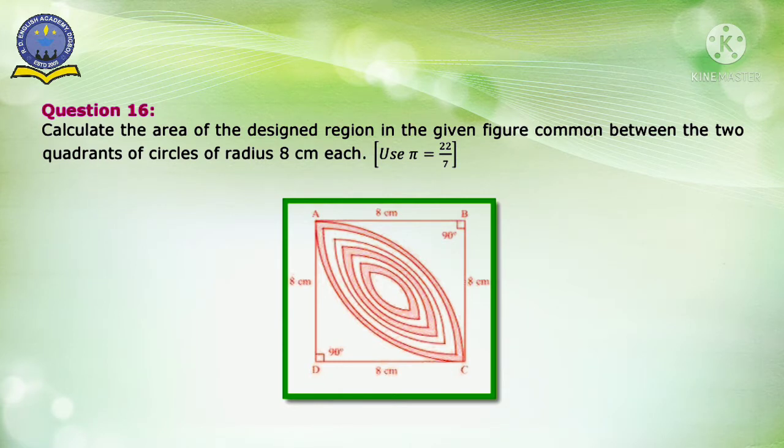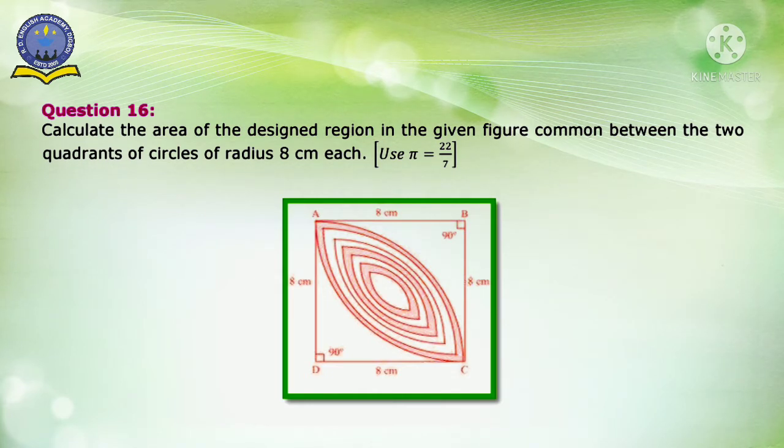That means first of all a square is given, and under this square a diagram is given, as you see. Now we have to find out the area of this design, or this shaded portion, we can say.